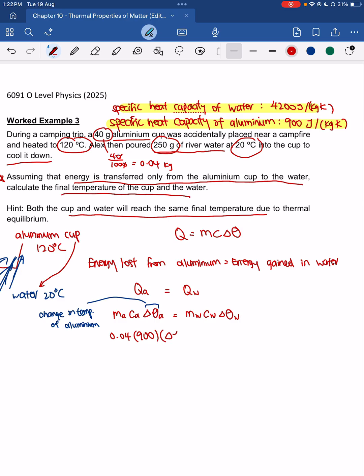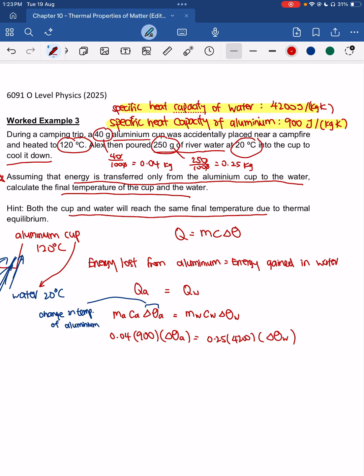I'll leave the change in temperature as it is first. Then for water, 250 grams is equivalent to 0.25 kg, so 0.25 times c_W, which is 4200, multiplied by the change in temperature of water.